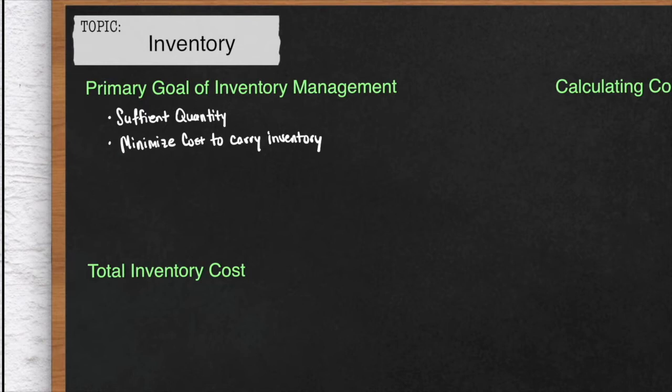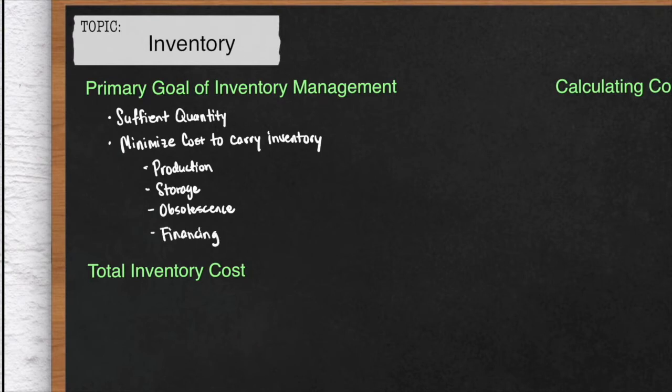Next, minimize cost to carry inventory. Storing inventory costs money. You as a merchandiser may be renting or leasing a warehouse, and you need to pay employees, pay the rent, and pay the utilities for that warehouse. Minimizing the cost to carry inventory deals with production and, like I just said, storage.